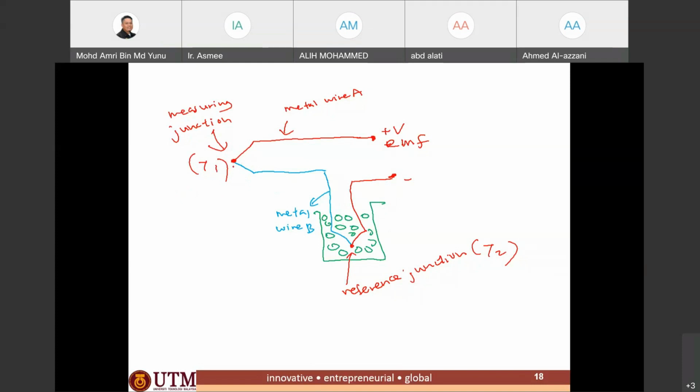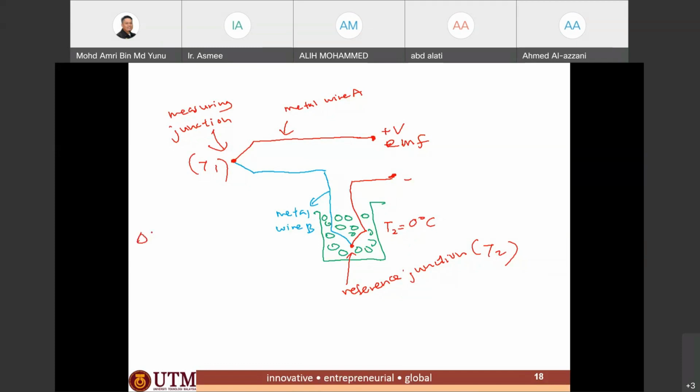So you are measuring an object or environment. The other junction is the reference junction, where the temperature is kept at a constant level, for example, in this case, put into ice, made constant at 0 degrees Celsius.